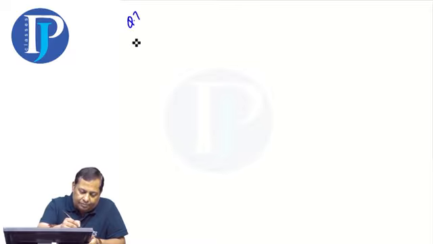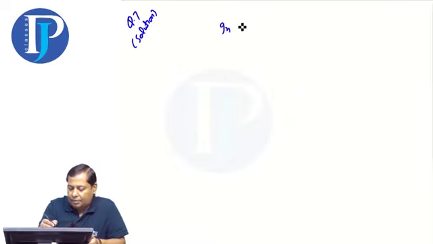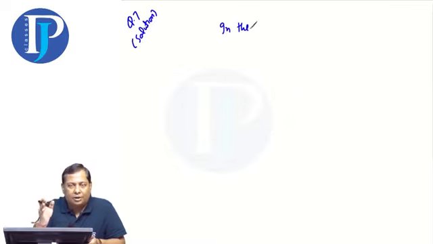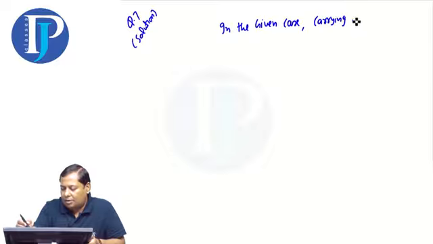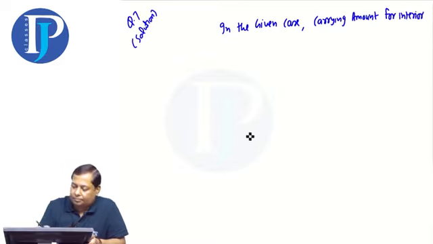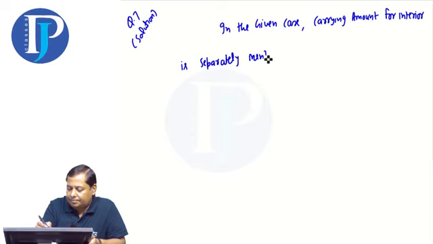Question number 7. Solution. This is a different component question because you have carrying amount. In this case, carrying amount for interiors is separately mentioned.